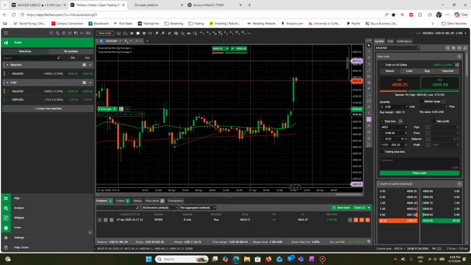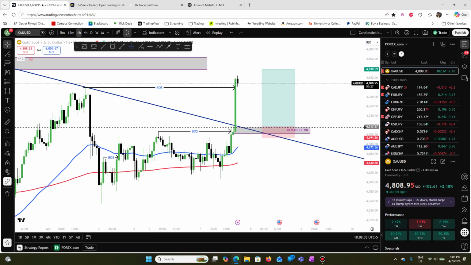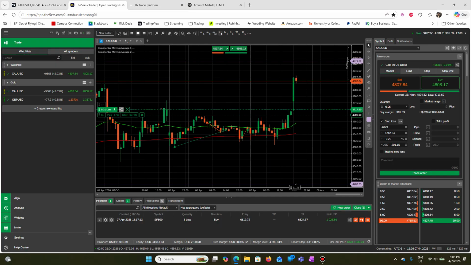So put it right there. Boom. 47.17. And the stop loss is at 46.94. We need that to be at 94.